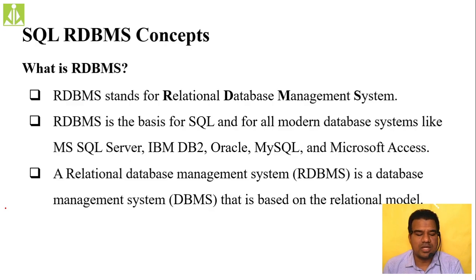Then RDBMS concepts we discussed, relational database management systems. Then we discussed a relation is nothing but a table, a record is nothing but a row, a field is nothing but a column. We also call these tuples. So these concepts we discussed.